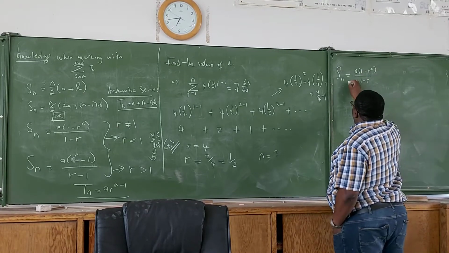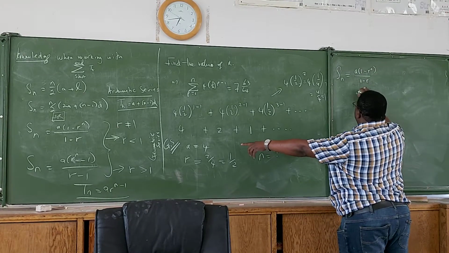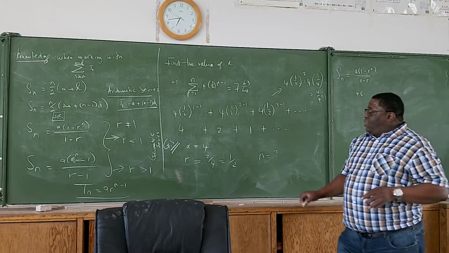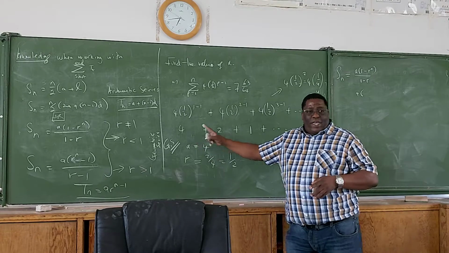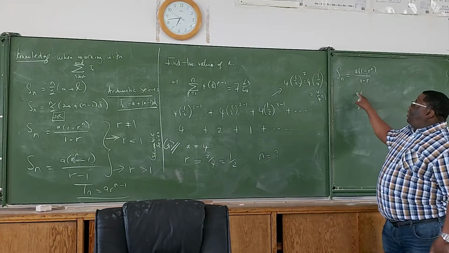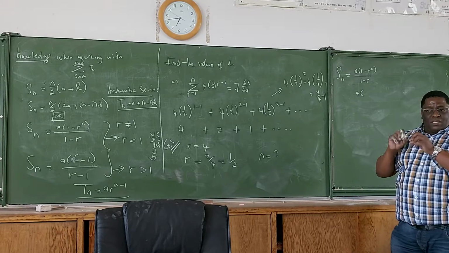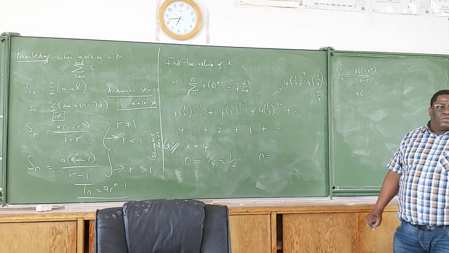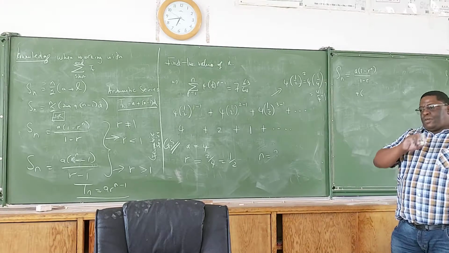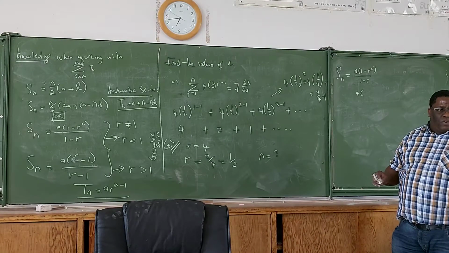We know the first term is 4. One of the biggest mistakes people make is when they are supposed to write the first term for a, they go ahead and write the common ratio. So be very careful. That's why writing these things down is helpful. Write down your first term, write down your common ratio. Then, if you are looking for the number of terms, n, do you follow what I'm saying?